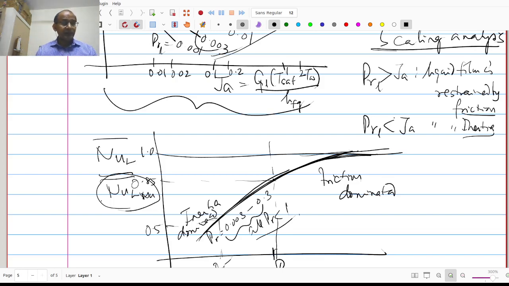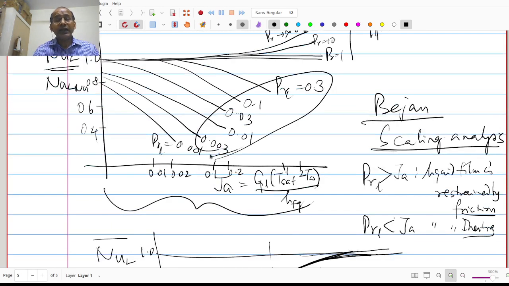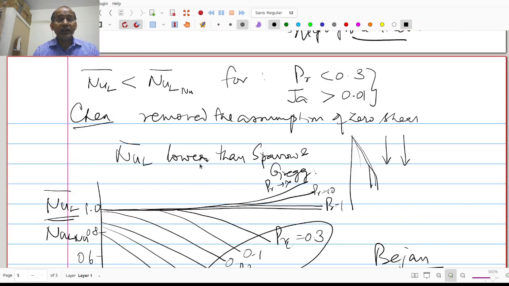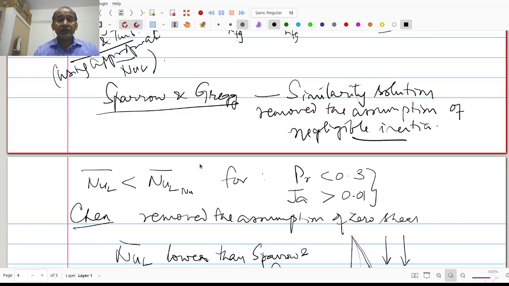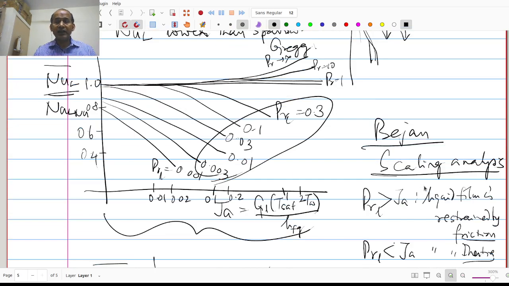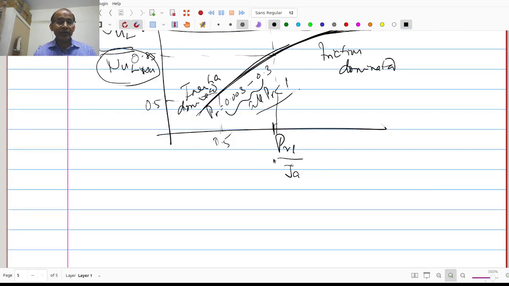So that is the way the laminar Nusselt numbers are corrected for cases where you don't neglect the terms of inertia and the terms of shear stress between the flowing vapor and the liquid film. So all of this is still laminar film condensation.